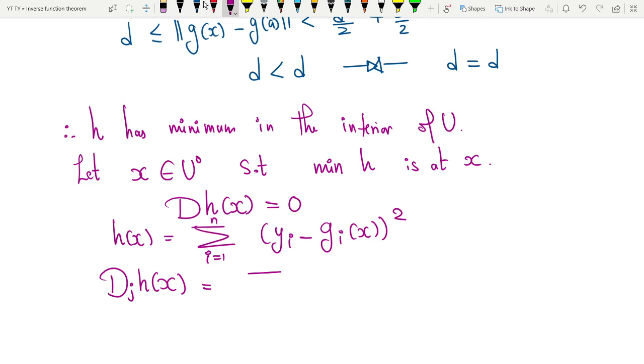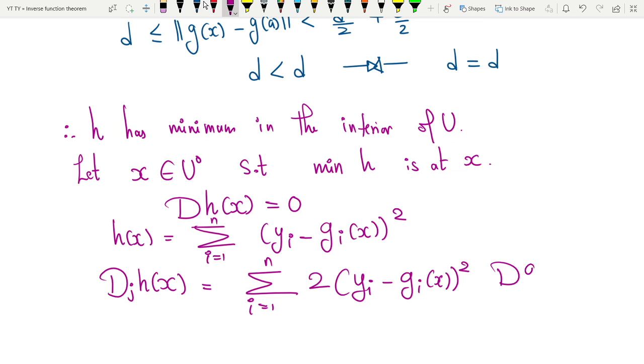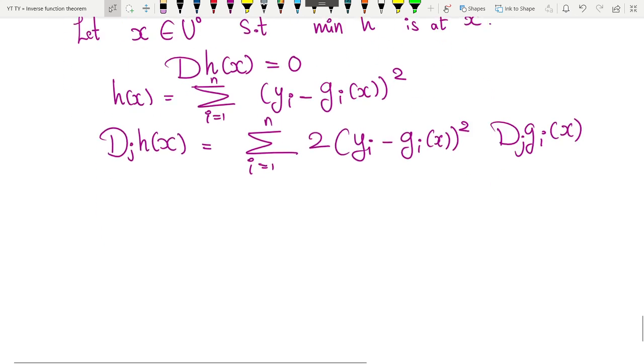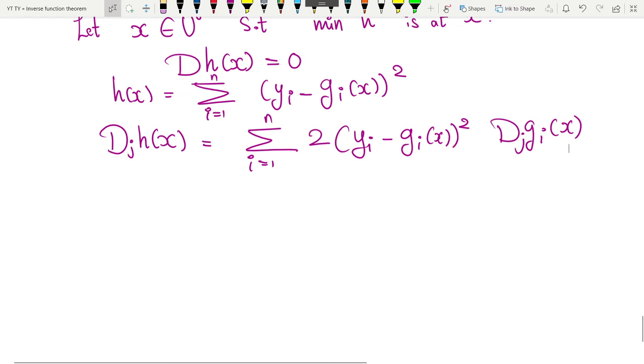So I consider the partial derivative with respect to the jth coordinate: the sum over i from 1 to n of 2 times (yi minus gi of x) times, by the chain rule, the jth partial derivative of gi, and this must be equal to 0. Okay, so this is something that we found: if the derivative is 0, all partial derivatives at x are 0.